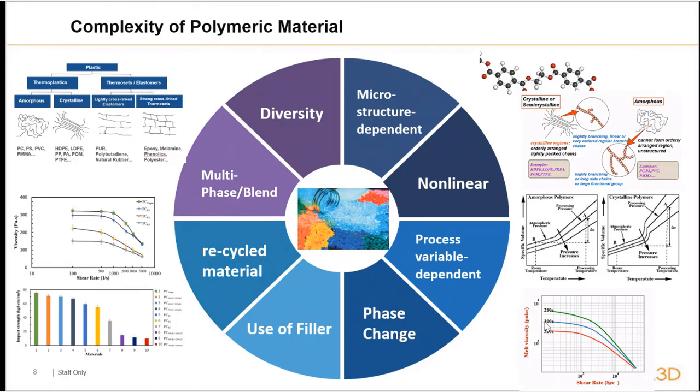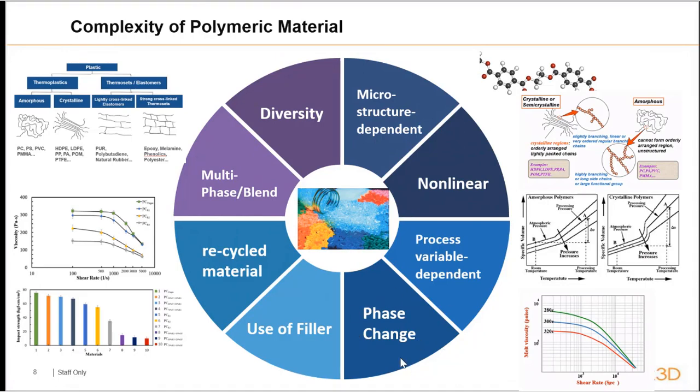So if you want a very good understanding of the molding behavior, or a very accurate simulation result, you need to consider this kind of process dependency. So this is the answer to why we need to do intensive material testing before we run the molding simulations.